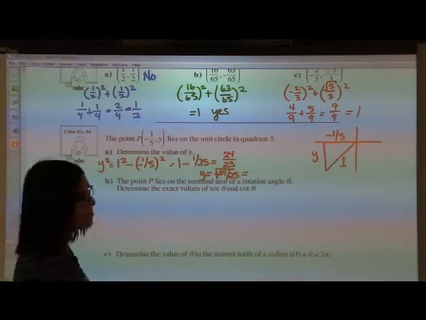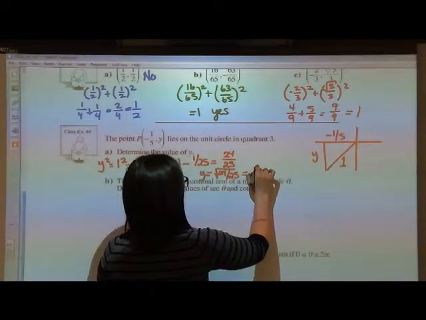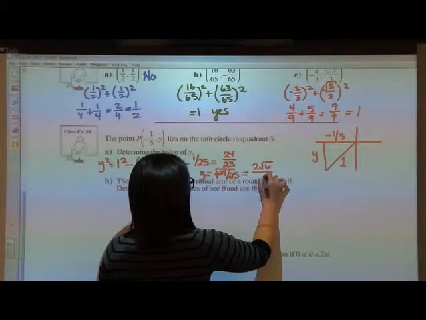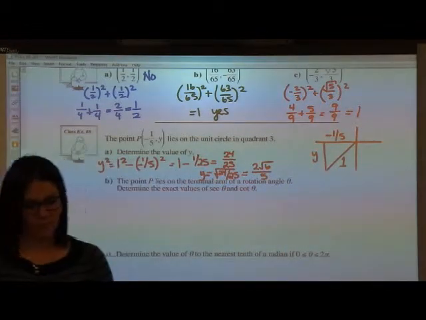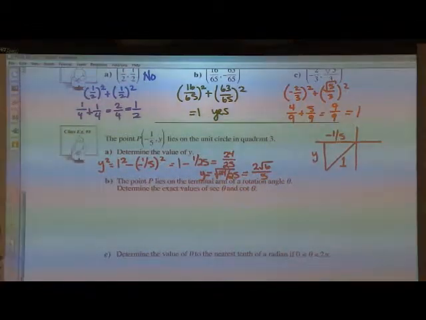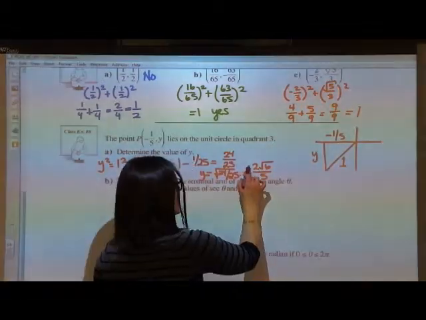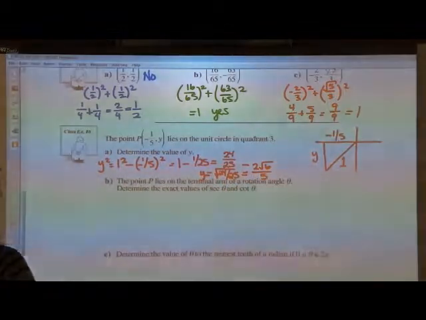The square root of 24 is 2√6, and the square root of 25 is 5. So I get 2√6 over 5, but because I'm in quadrant 3, this has to be a negative value.